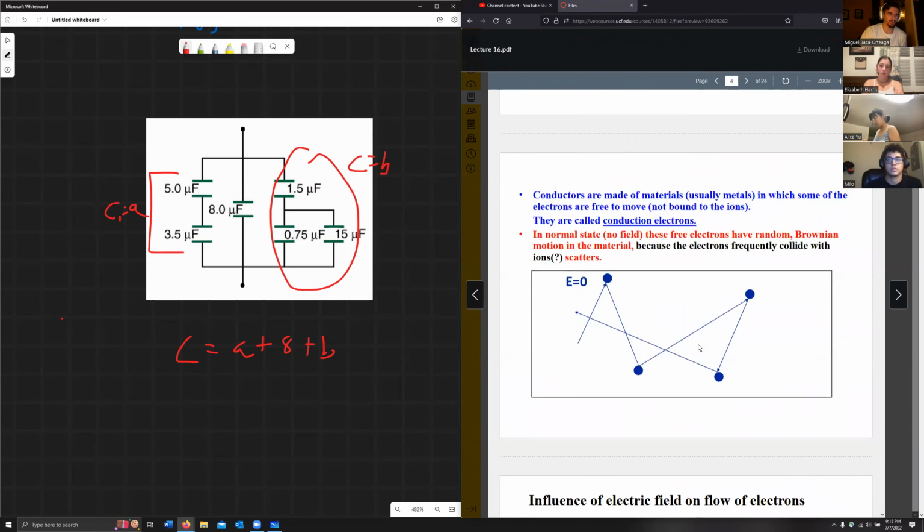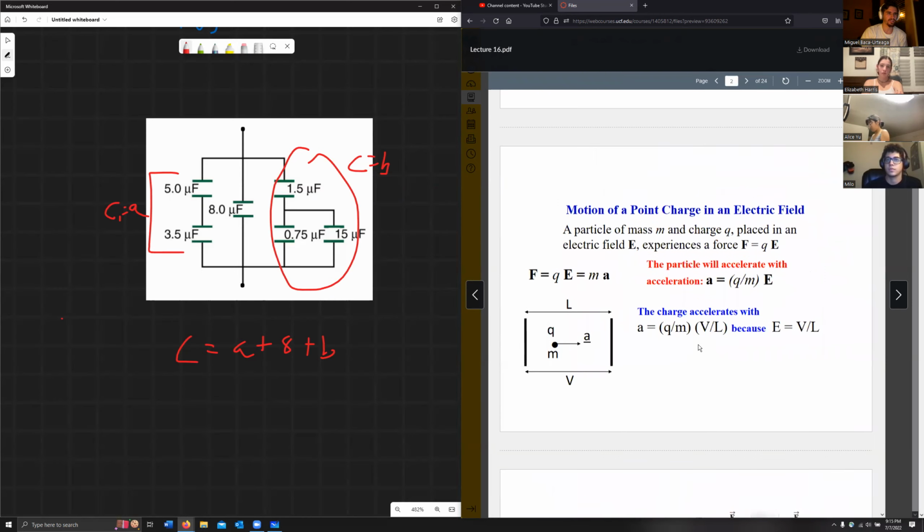So wait, do we have any equations so far that I should copy down? Electric field. Force is equal to charge times electric field. And then let's remember, electric field is equal to volts over L, the distance between both plates.